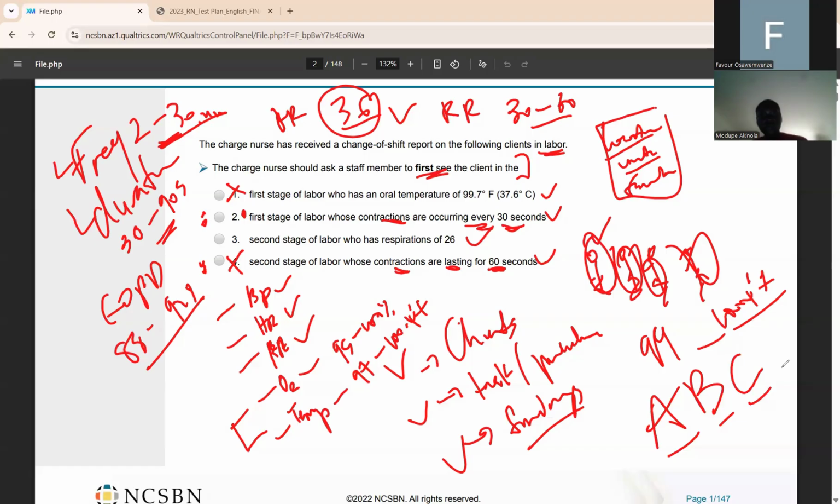But because this is related to maternity, a respiratory rate that is high during maternity, most especially labor, is because of physical exertion, the stress during labor. So that is the reason why the mother is having increased respiratory rate, because the mother has to do a lot of pushing during labor, which causes her respiratory rate to be high.